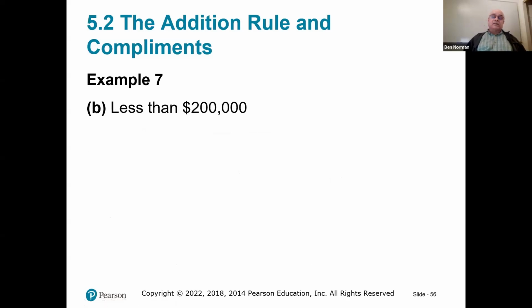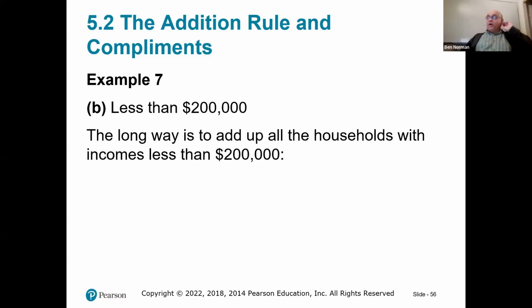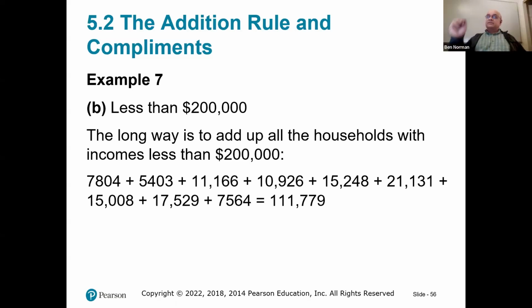B, less than 200,000. The long way is to add up all the households with incomes less than 200,000. So that's this 7,804 plus the 5,403 plus the 11,166, etc., all the way up to the 7,564.